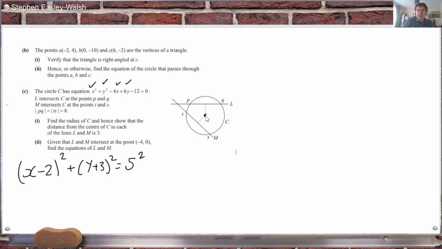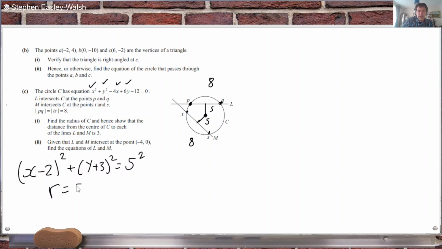Okay, so I know the center here and I know the radius. So I know that that's a 5 and that's a 5. Also, they tell us that PQ is 8 and TS is 8. Find the radius of C. Oh, I've done that.